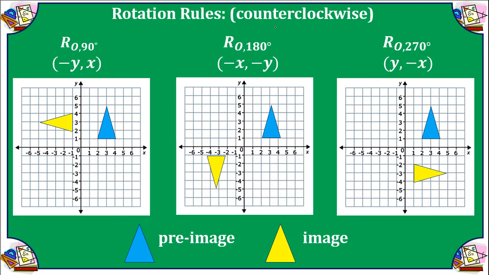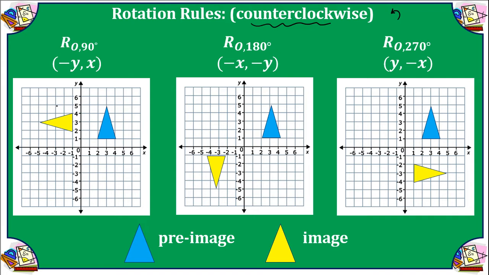So here are the rotation rules for counterclockwise. So we are going toward the left. We're going to talk about three types of rotation going counterclockwise, and then three types going clockwise. So we can rotate about the origin going 90 degrees. This blue triangle is our pre-image, and notice it is rotated 90 degrees going counterclockwise.